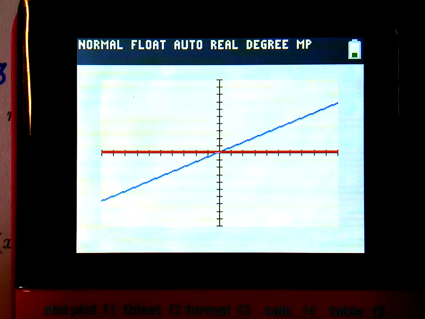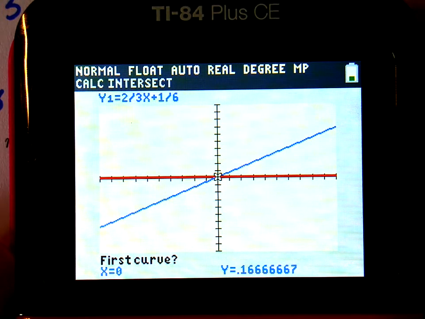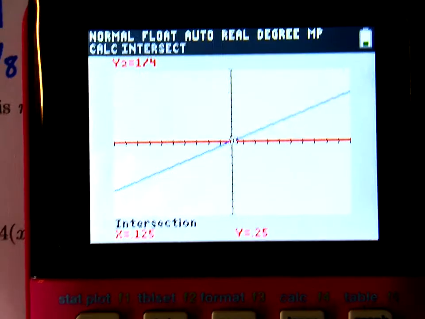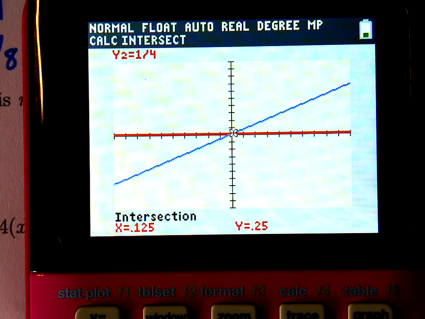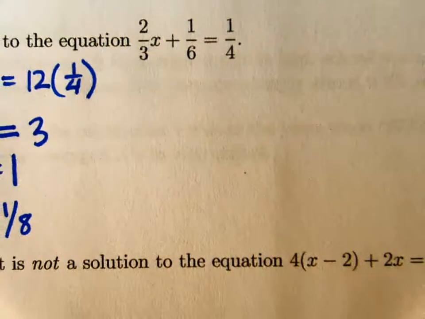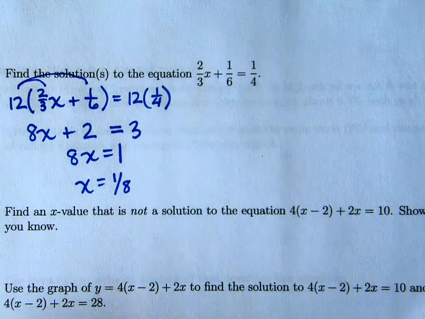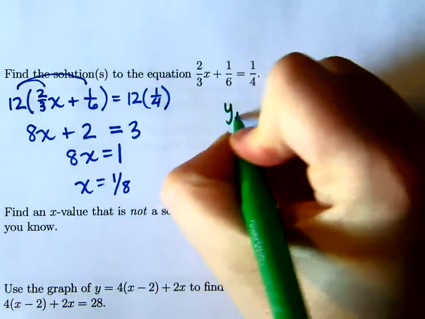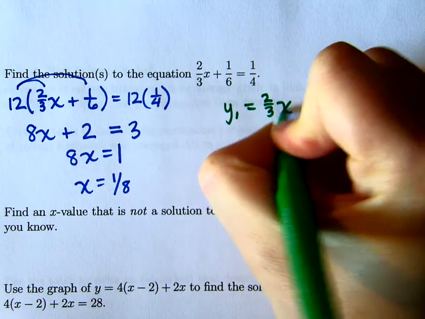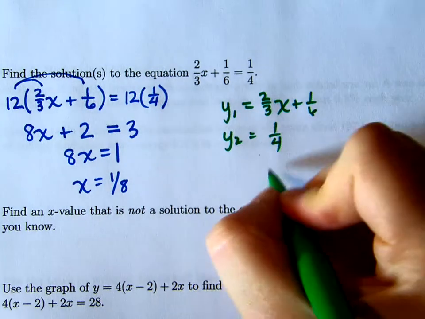Here we go. So second, calculate, go down to intersect, enter, first curve blue, second curve red, guess at 0, sure. There we go. X is 0.125. Okay, so we double checked this by doing y1 equals 2/3 x plus 1/6, y2 equals 1/4.